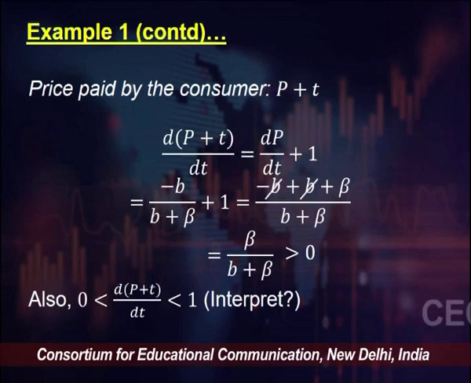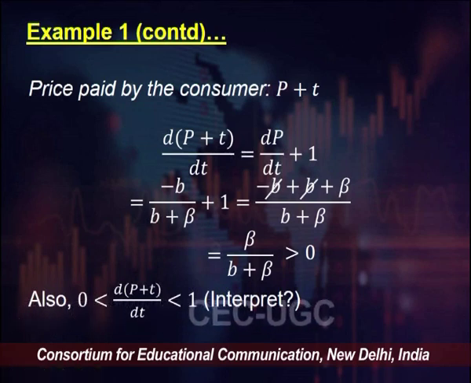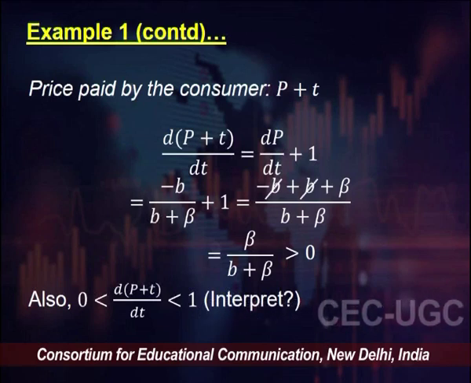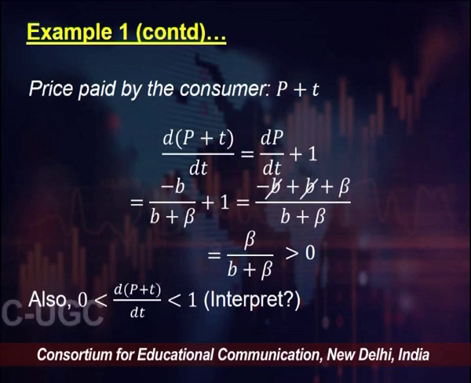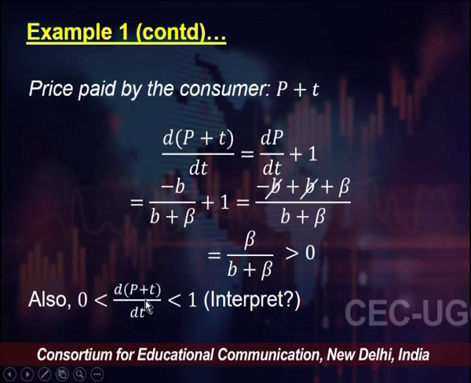Again, if you look at the sign of how the price paid by the consumer changes with respect to the tax, that is going to be positive, because beta and b are both positive. At the same time, d of p plus t by dt is also going to be less than 1, because beta upon b plus beta will be less than 1.